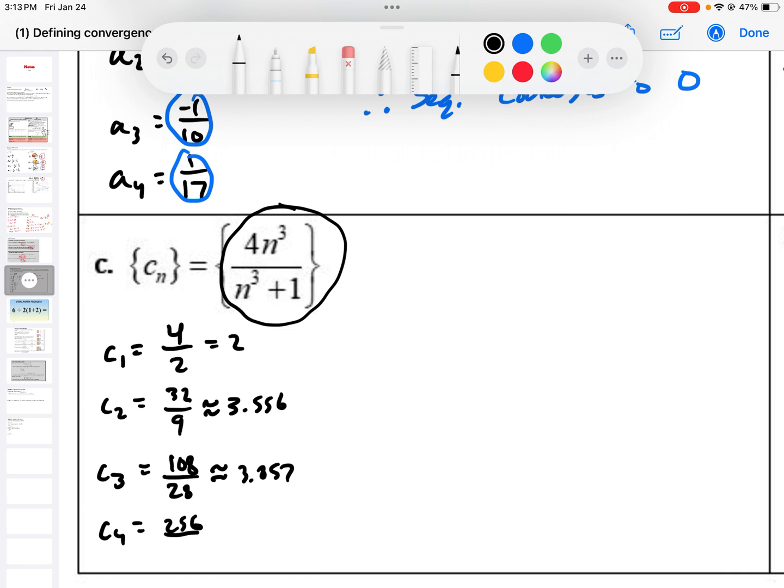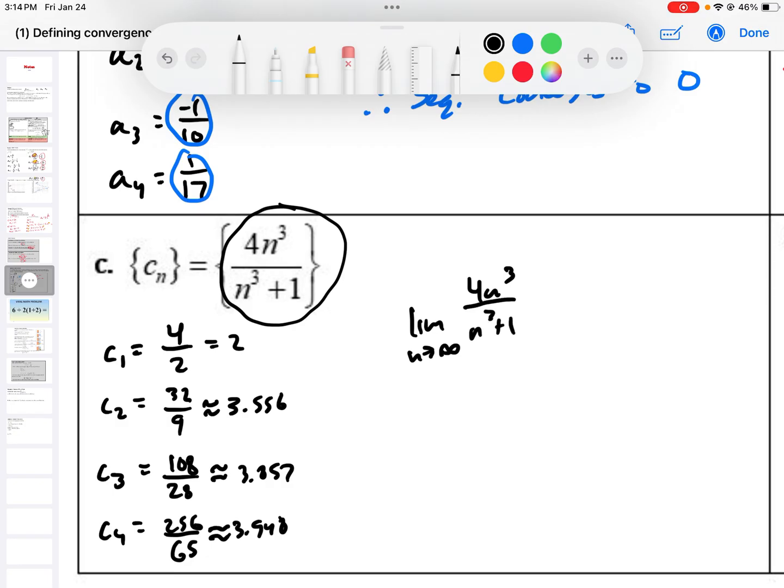C4, plug in 4, so 4 cubed times 4 is 256 over 65, which is about 3.948. And it looks like the limit of those terms is approaching 0. No, 4. So it looks like it's approaching 4.